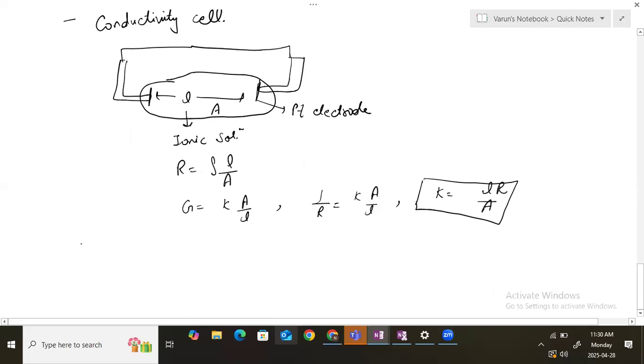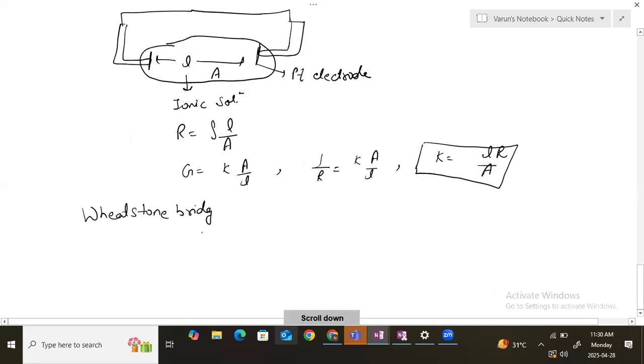In physics, you have learned about Wheatstone bridge. So if I place this as a Wheatstone bridge, one is my conductivity cell.